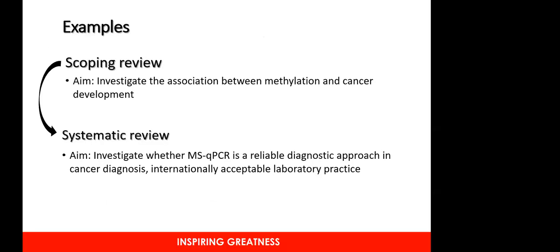And just to make an example, you may find that the aim of a scoping review study would be to investigate an association between methylation and cancer development, whereas a systematic review would go even further, looking at these studies that investigated methylation and cancer, and then focus on the techniques that were used to quantify methylation or to reach a certain conclusion, to see whether they can be a reliable diagnostic approach in cancer and whether they can be used practically within the laboratory in order to diagnose.